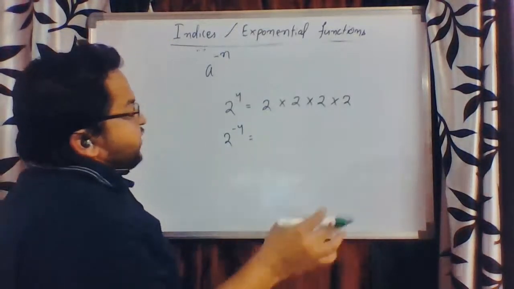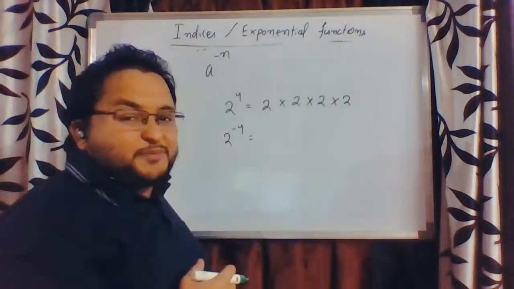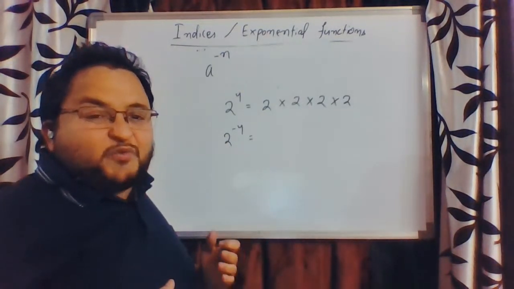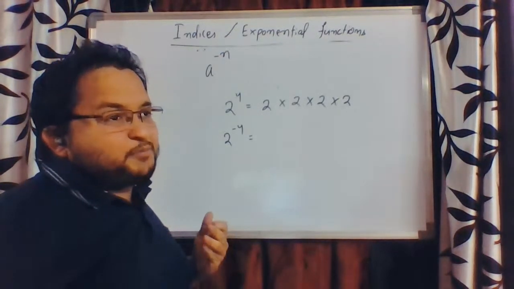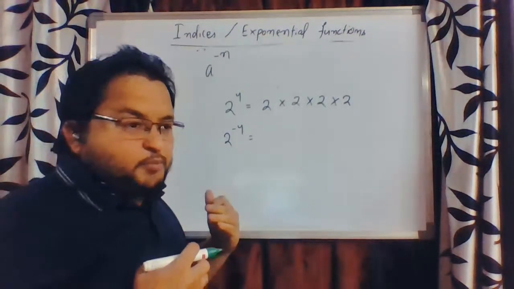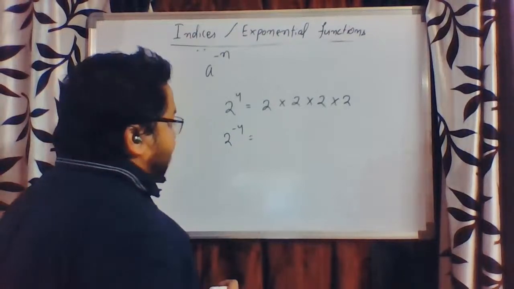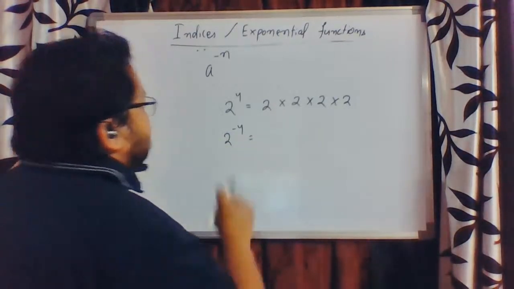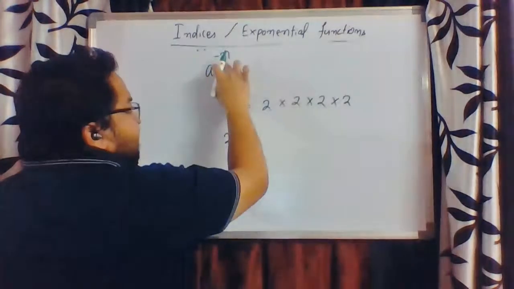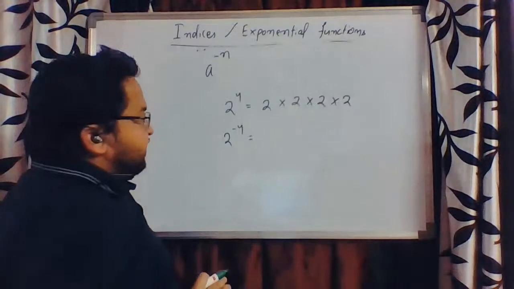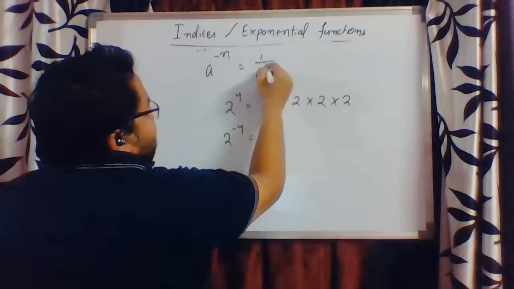You may argue, sir, how can I multiply 2 with itself minus 4 times? Because obviously we cannot really do any counting in negative numbers. Negative numbers have come up as a mathematical conjugate of the positive number set that we have. Now what is defined is that anything raised to the power minus n, where n itself is a positive integer, is nothing but 1 by a to the power n.